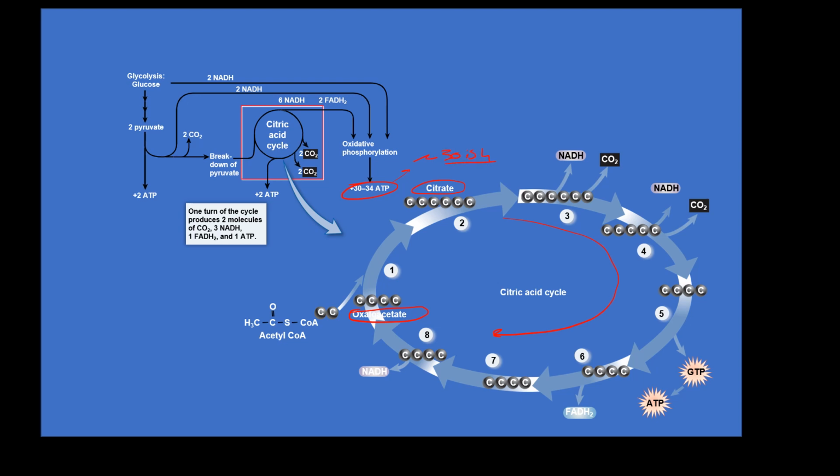We can't know for sure. It just turns out it's too variable. And so we say it's about 30 total ATP. We haven't even talked about this yet, so really don't worry too much about this at this point. Right now, understand this slide as understanding the Krebs cycle or the citric acid cycle. All right. So again, 1 FADH2 here, 3 NADHs, 1 ATP, and then the 2 carbon dioxides.